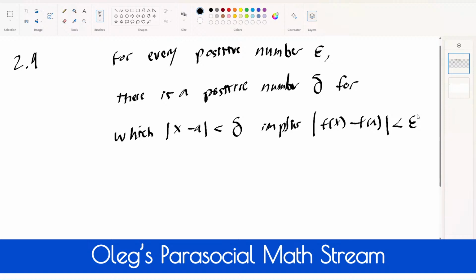This has to do with the amount of change, I believe, and epsilon refers to the degree of it. For which x minus a is less than delta implies f of x less than epsilon. I believe this has to do with e.